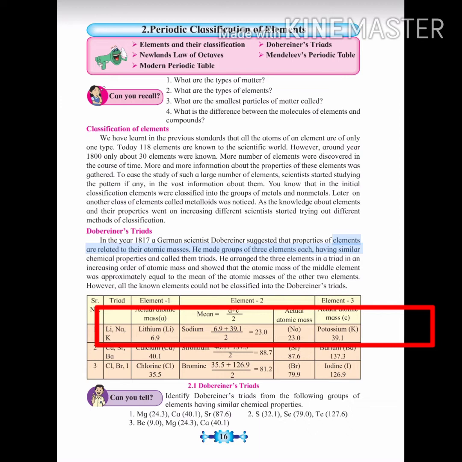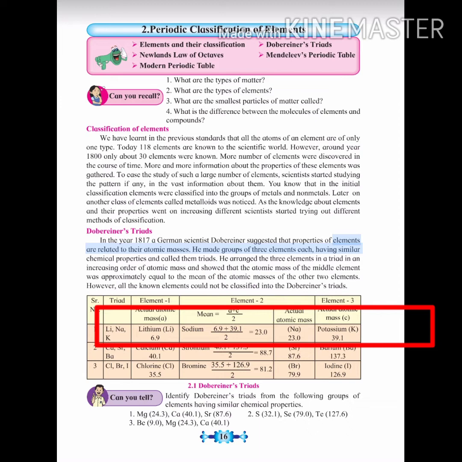If you see there is a table given, and in the first triad lithium, sodium, and potassium are given. Lithium's atomic mass is given as 6.9, and on the right side, potassium is given as 39.1. Now, if you take the mean, 6.9 plus 39.1 divided by 2, it comes to 23.